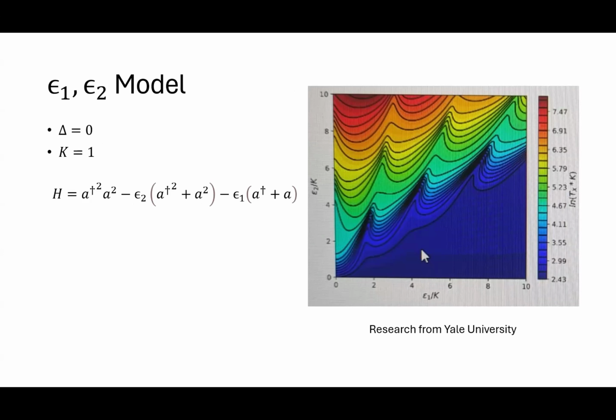We set delta equal to 0 and the Kerr nonlinearity equal to 1, and this is the resulting Hamiltonian. This is the graph that colleagues at Yale are working on right now. They came up with this map, and we can see that they have a plot of the natural log. It is a log plot of the TX value, and you take the control parameters.